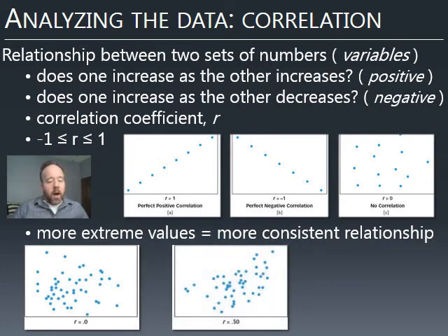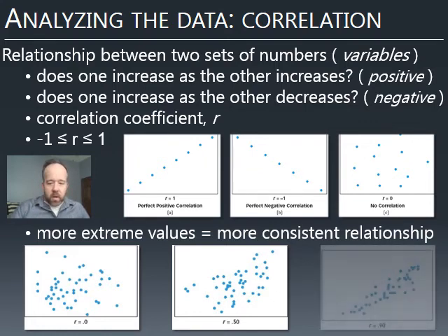An R of 0.5 would be a positive correlation, but it's not perfect. So there's still some variability there. There's still something you haven't explained. You can't perfectly predict variable 2 given variable 1. You can give a range, you can give an estimate, but it's not a perfect relationship. There is some relation between the two variables, but it's not totally predictable.